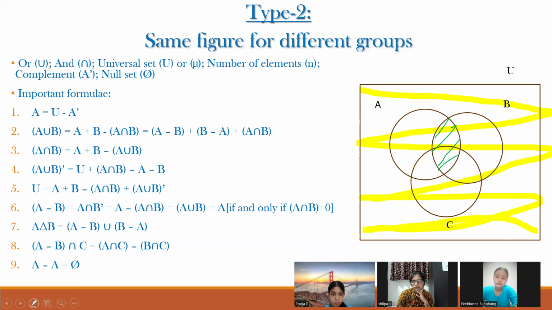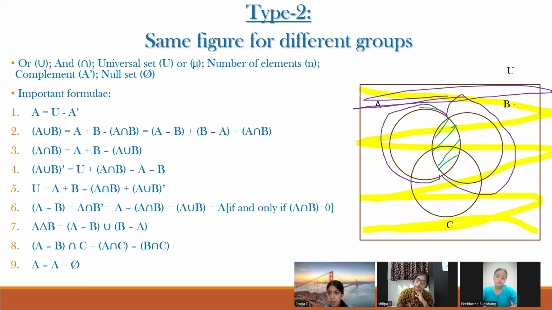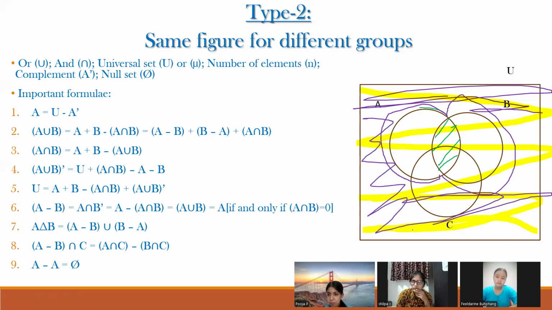This portion. So everything that is out of A union B. This entire purple portion is what we refer to as A union B, the whole complement.